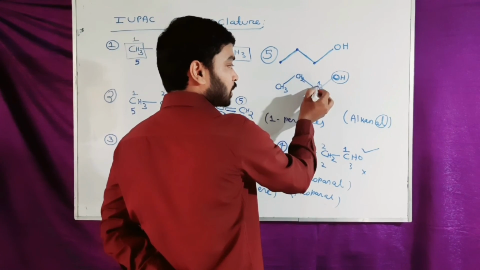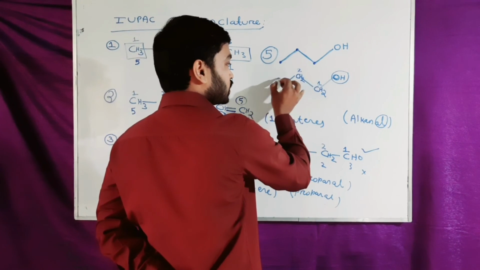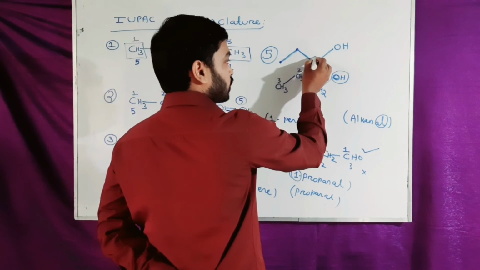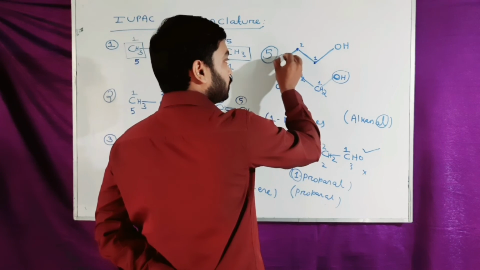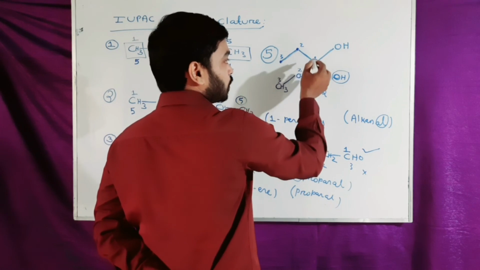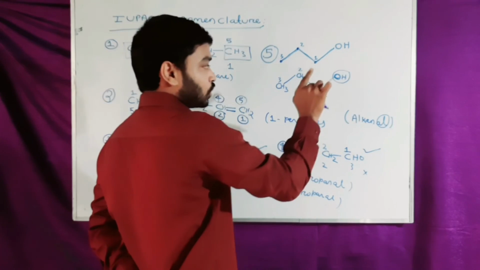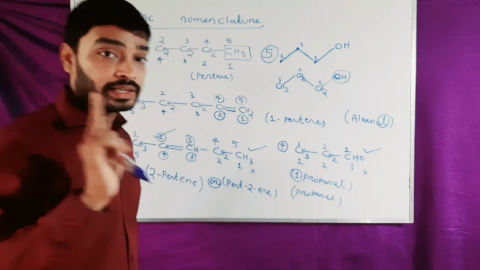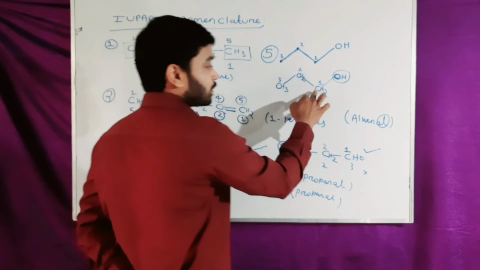So number 1 will start from here and progress in this direction, because this carbon is directly bonded to the functional group, giving priority to the functional group. So numbering will start from this carbon.